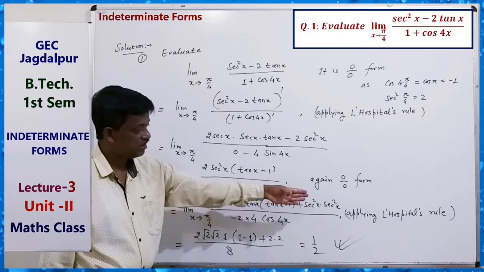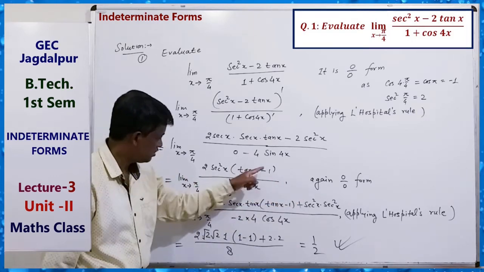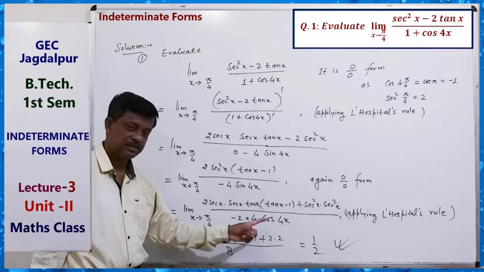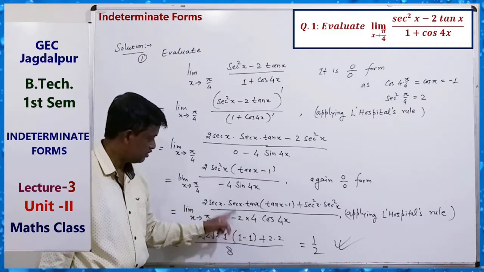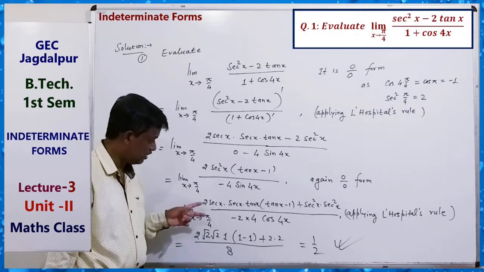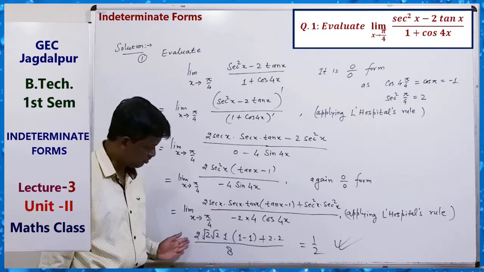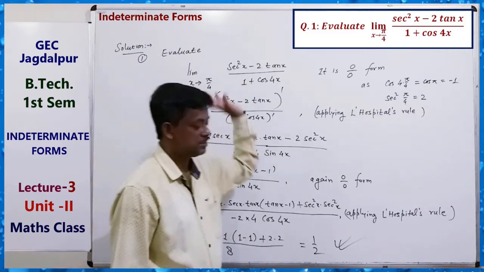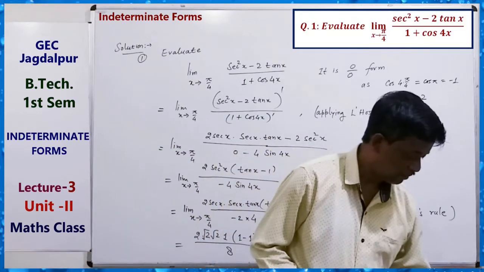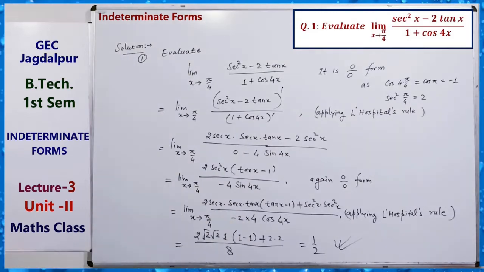So again apply L'Hospital rule. Just differentiate numerator and denominator. Here 2 divided by 2, here just use 2. And then again differentiate and put the value, just we can get a finite value. This is the value of this indeterminate form. Okay. So just we will use this rule.